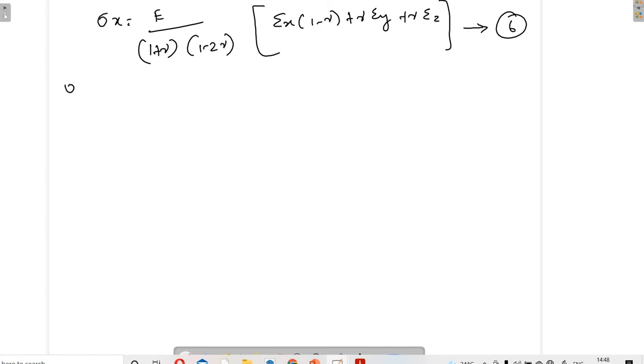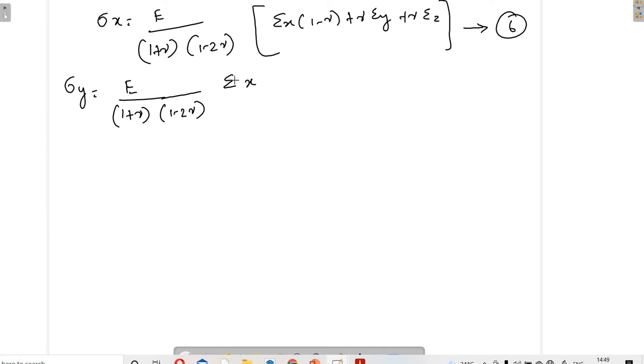Similarly, we can write other equations without a derivation. Sigma y is equal to E divided by 1 plus nu, 1 minus 2 nu. We can call it nu as well as gamma.